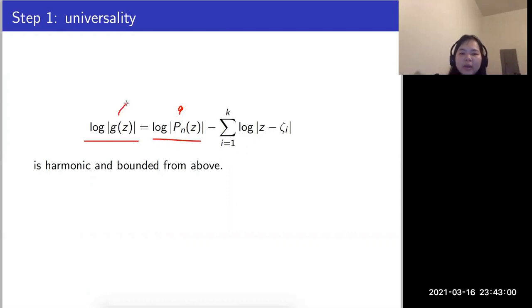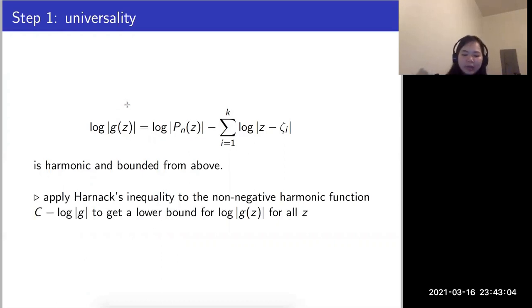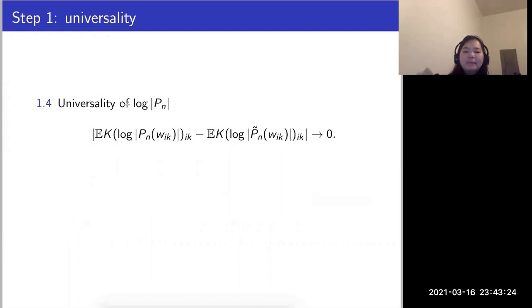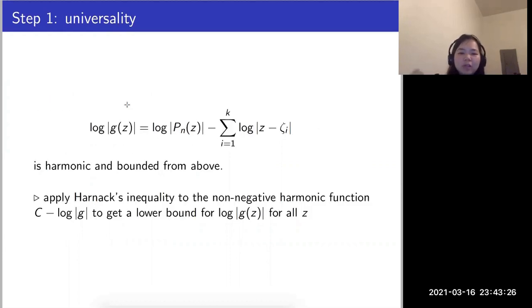Then there is the Harnack inequality, which says that if we have a non-negative harmonic function, then controlling the function at one point in the ball allows us to control the function at every other point inside the ball. So that is the exact tool that we need to control the function from below.